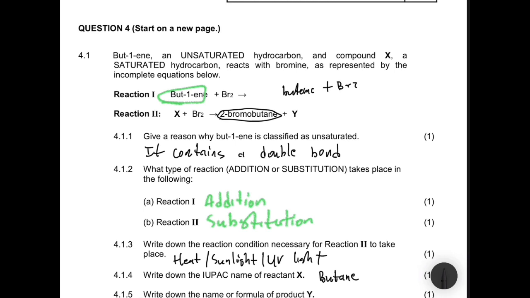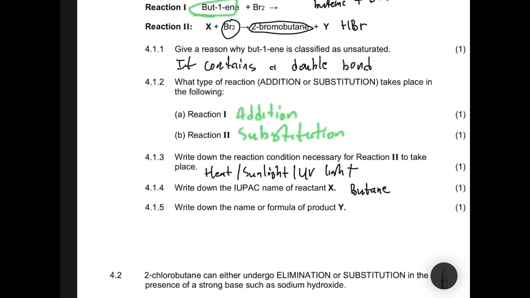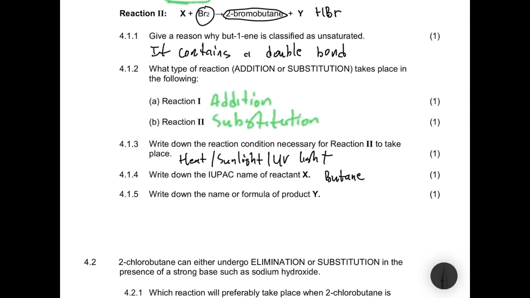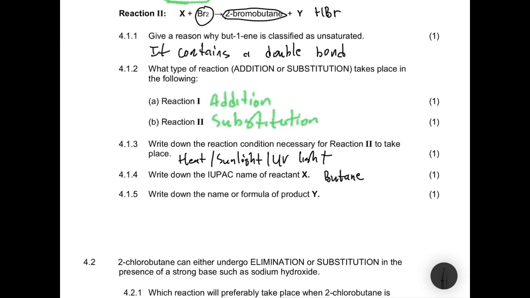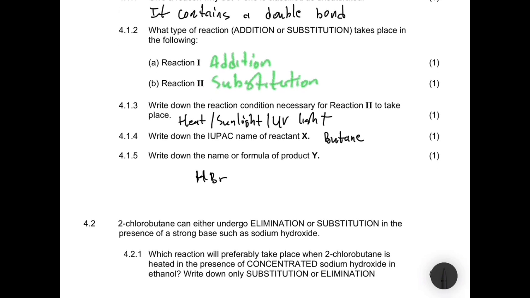So in place of a hydrogen in butane, a hydrogen is replaced with bromine, and in place of bromine here, we're replacing it with a hydrogen. So Y will be hydrogen and bromine. It says the name or formula of product Y, so let's not complicate our lives by trying to come up with the name. Let's just say HBr, hydrogen bromide.